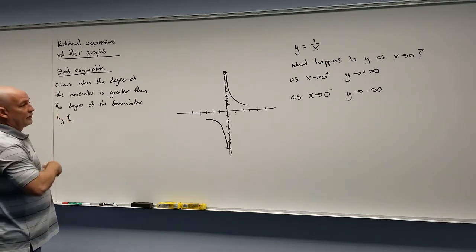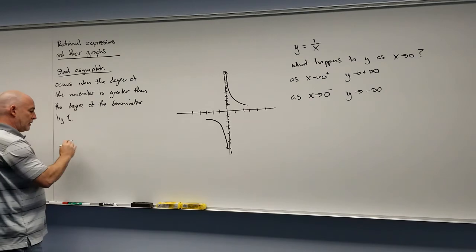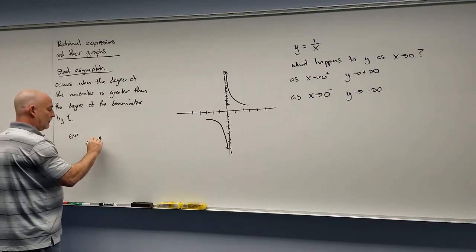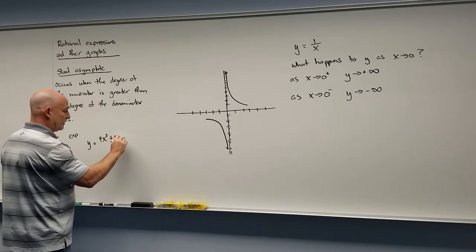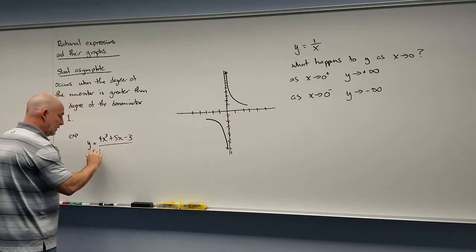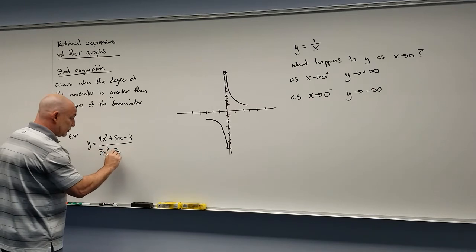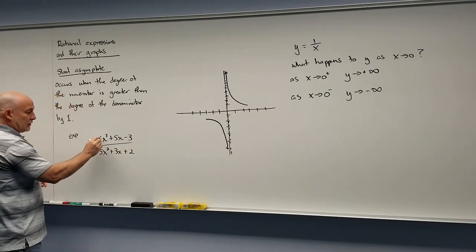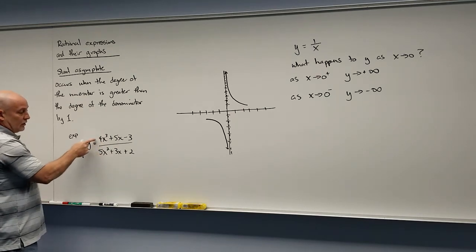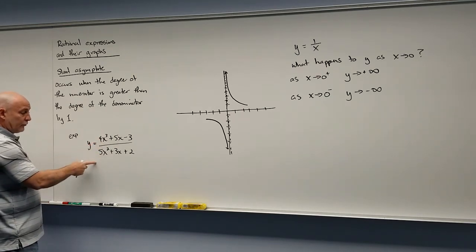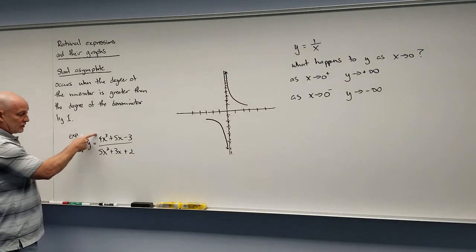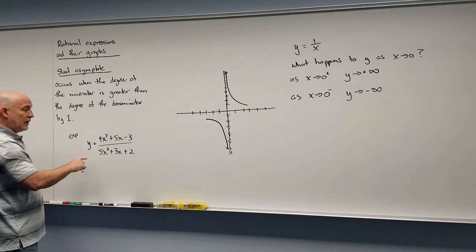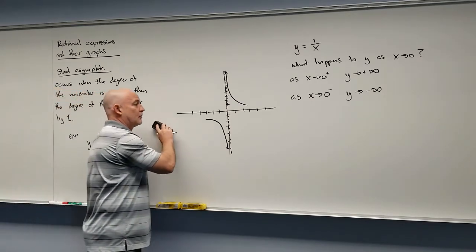So it'd be like the top is x cubed, the bottom's x squared, right? So something like this. Let's say we had y equals 4x cubed plus 5x minus 3 all over 5x squared plus 3x plus 2. The degree of the top is 3, the degree of the bottom is 2. So according to our horizontal asymptote rules, there's no horizontal asymptote. But since the degree of the top is greater than the degree of the bottom by 1, this would have a slant asymptote.